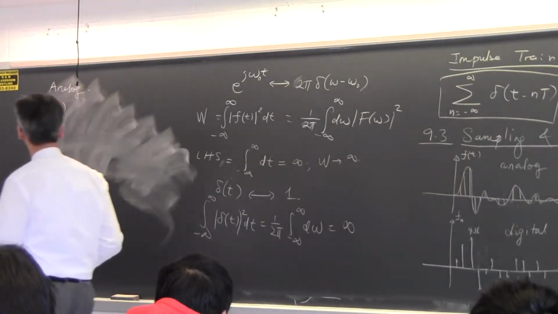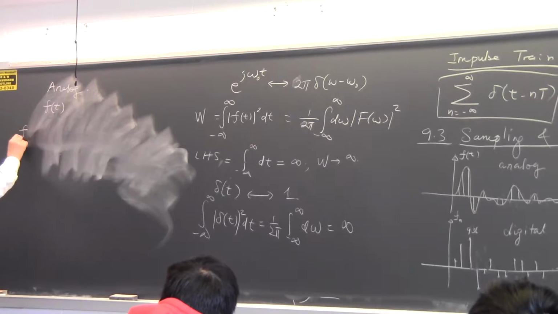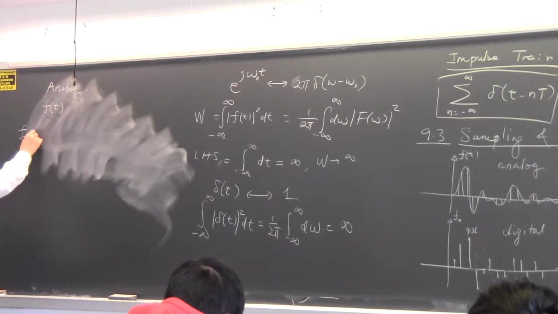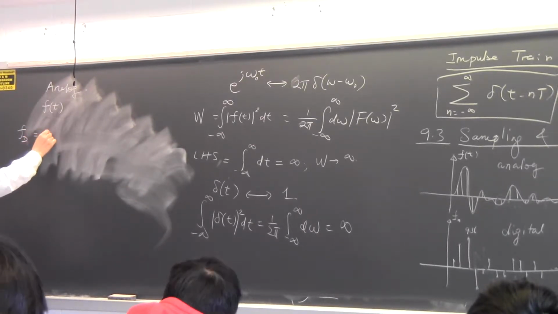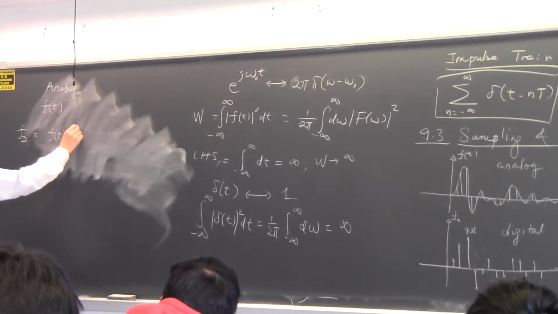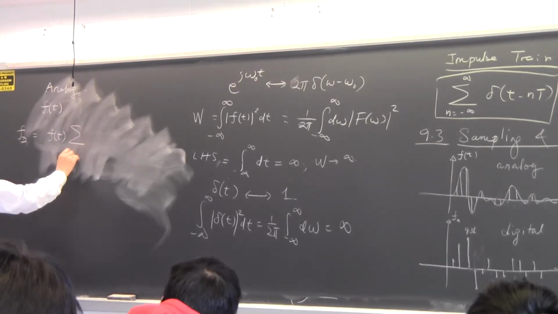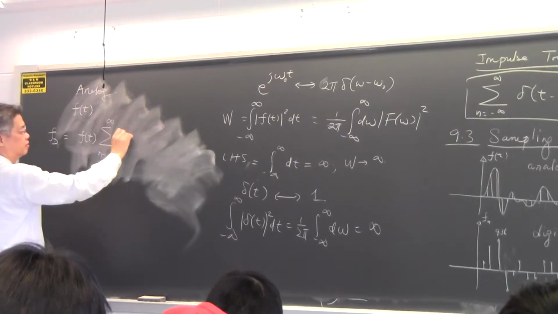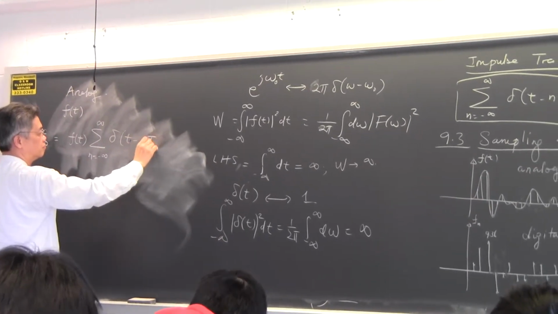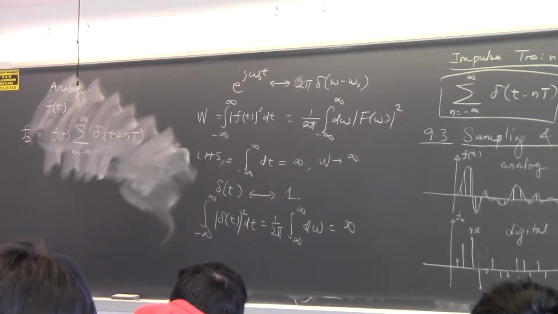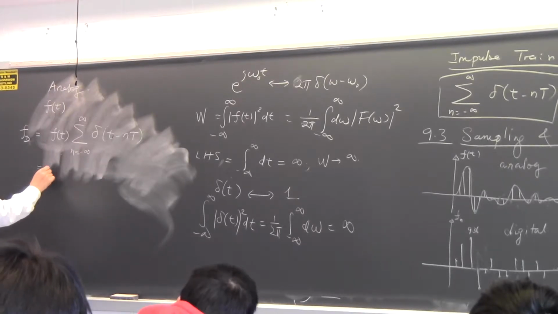I create a digital version of this signal, which is equal to f of t times the impulse train. I know that I can bring my f of t inside.